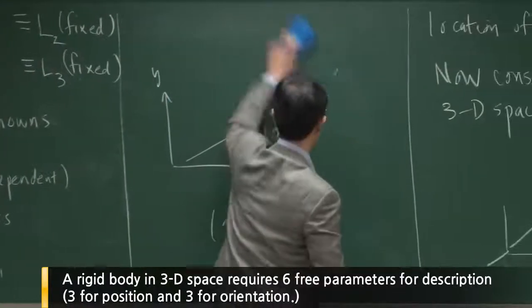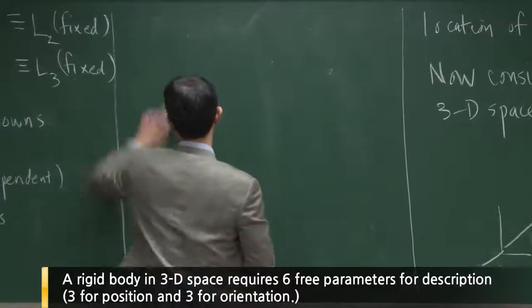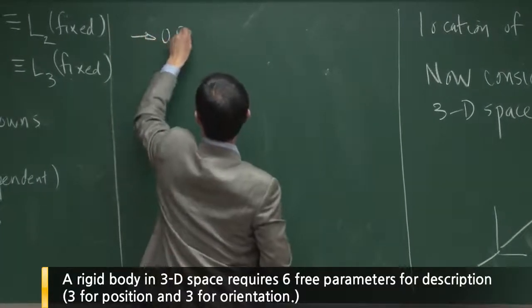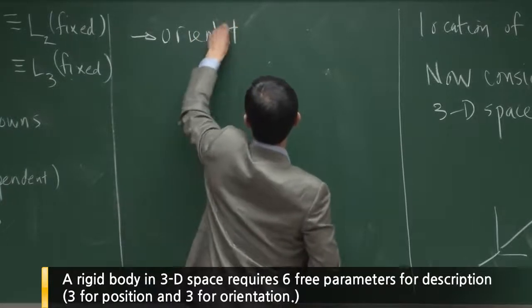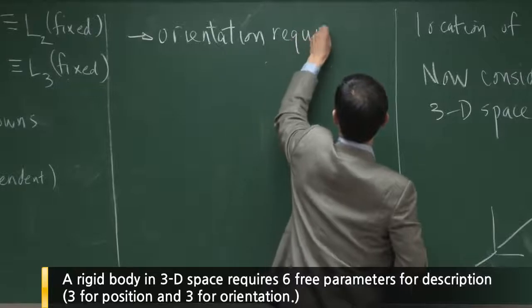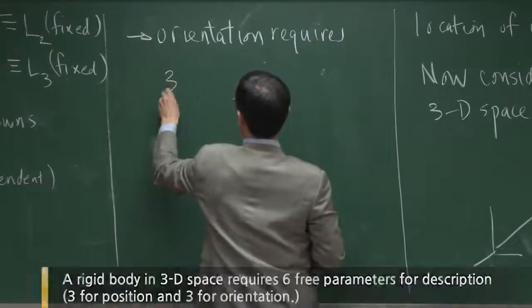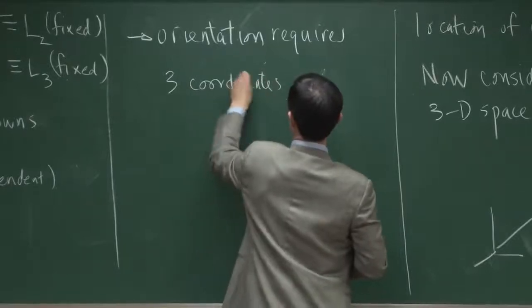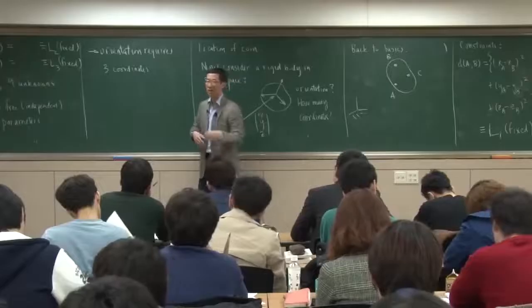All right. So orientation requires 3 coordinates for a description.